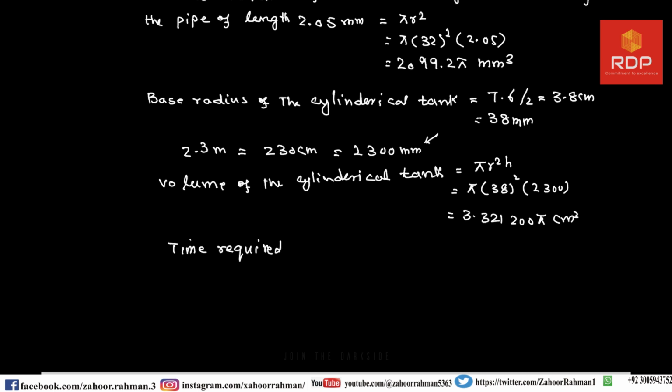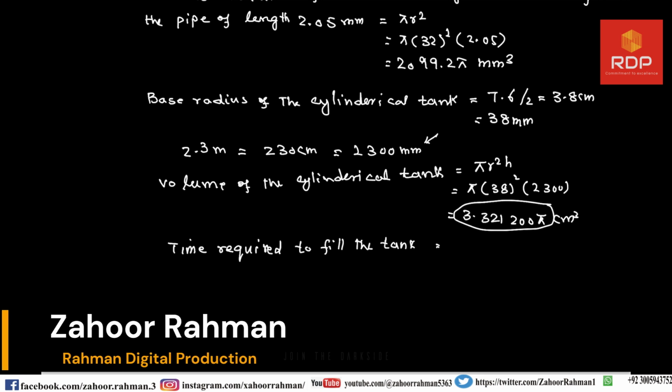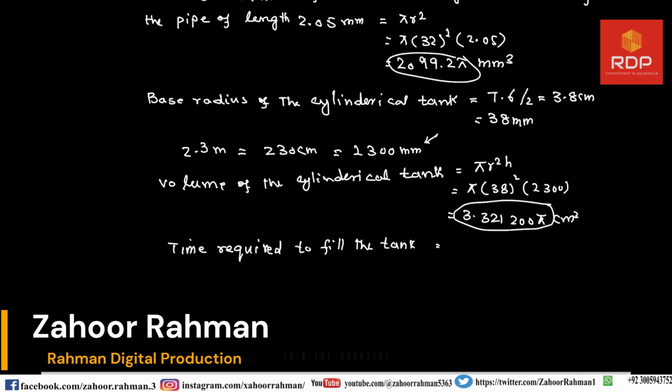Now we have to find the time required, so we have to write time required to fill the tank, and that will be equal to this value we found divided by the other, 2099.2, by this value.